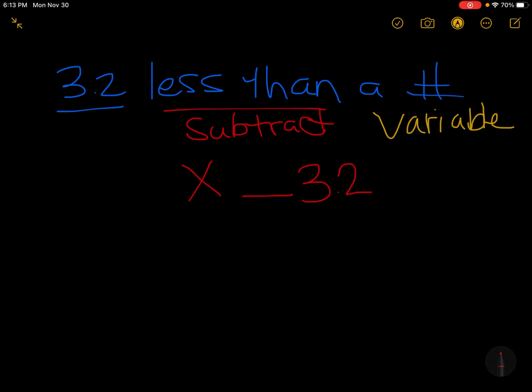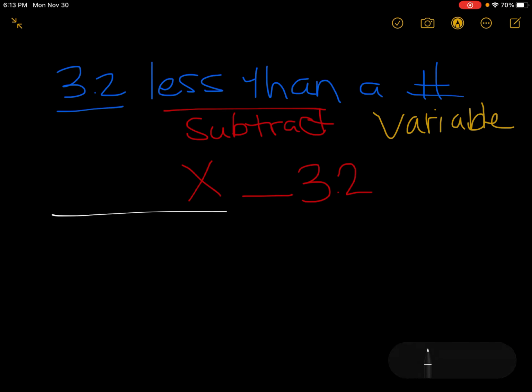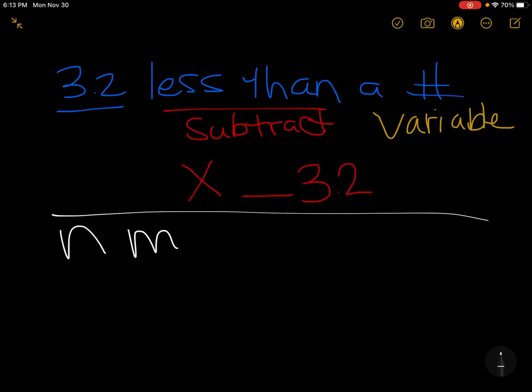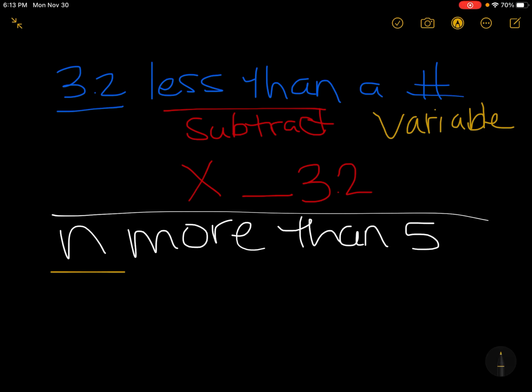So let's look at another one. Let's say, for instance, n more than 5. Now, interestingly enough, instead of saying something like a number, what's listed here as our variable is n. N just means we have an area that we are going to be able to substitute particular values for later.